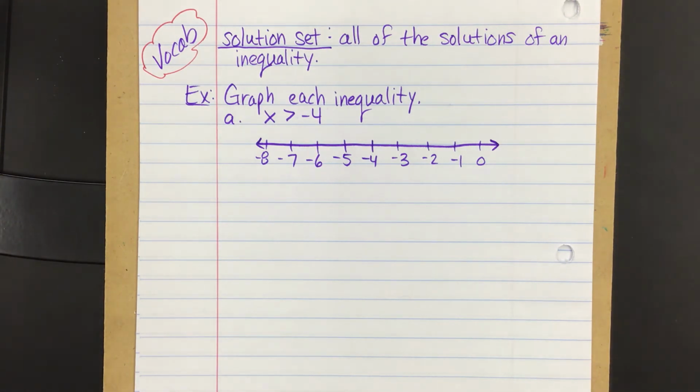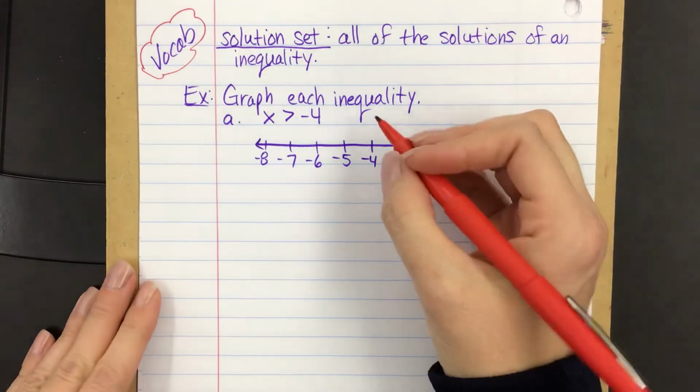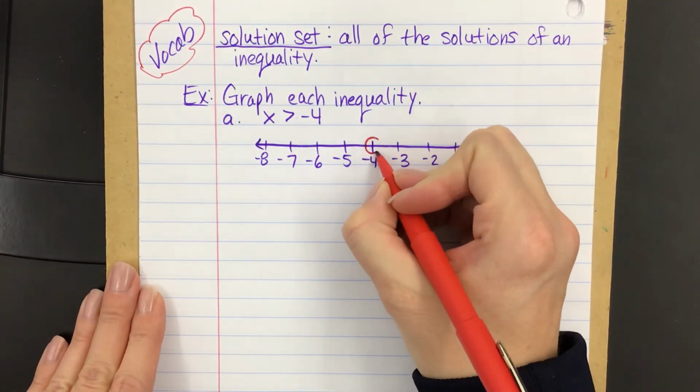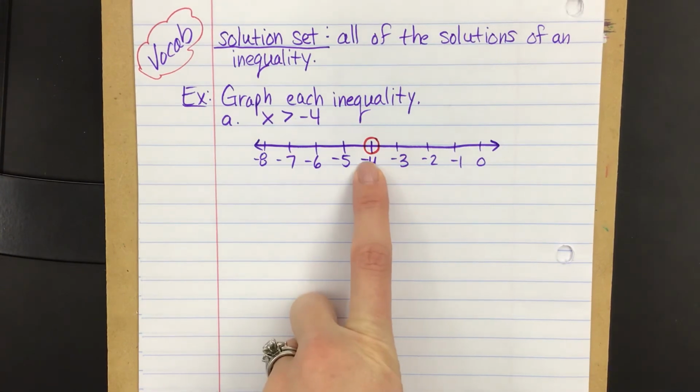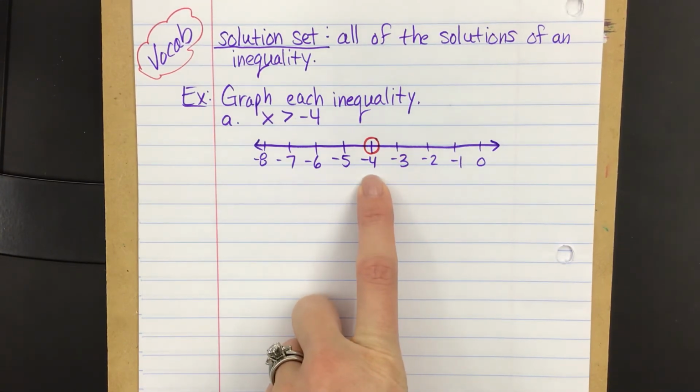We already talked about it, but -4 cannot be a solution to this. It is not greater than or equal to. It has to be greater than. So the way that we show this when we're graphing is a hollow circle. This tells us that -4 is not actually a solution. So we leave that hollow so that it's not filled in as a solution.